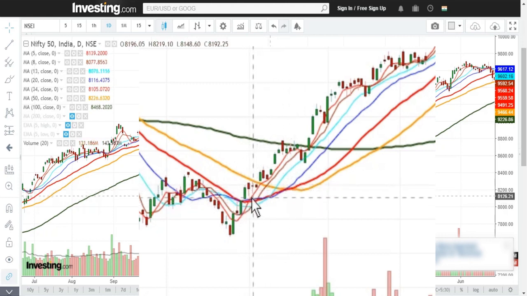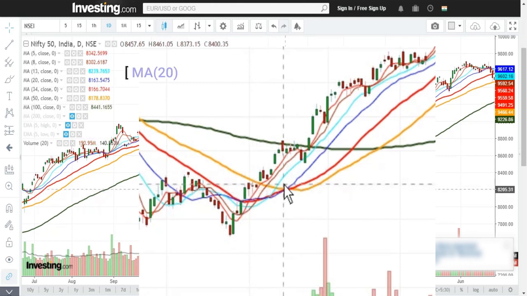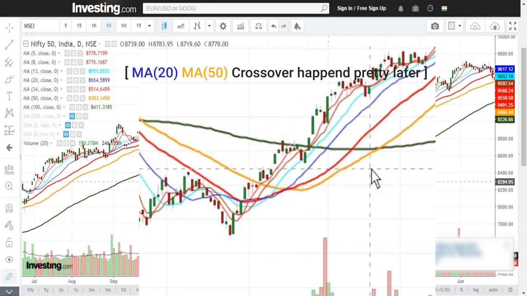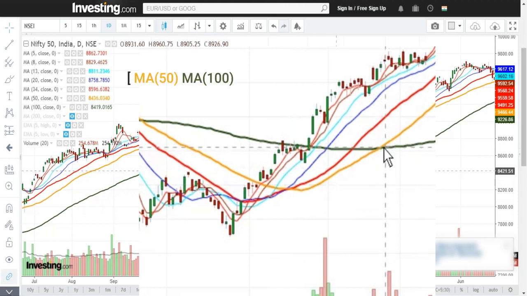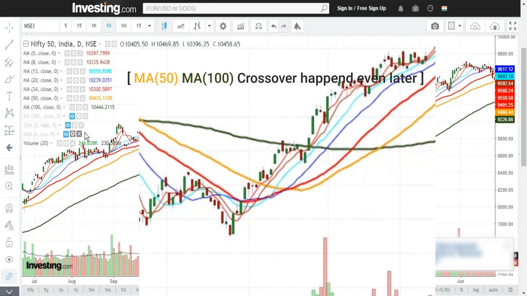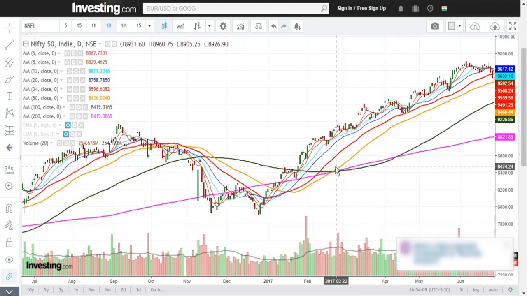See, this 5-20 crossover happened pretty early, this 20-50 crossover happened pretty later, and this thick green line is the 100 period. This 50-100 crossover happened even later. Let me plot 200 here. The 100-200 crossover happened somewhere even later.